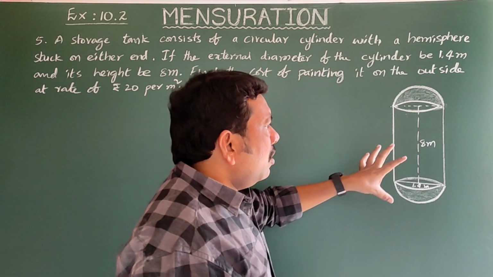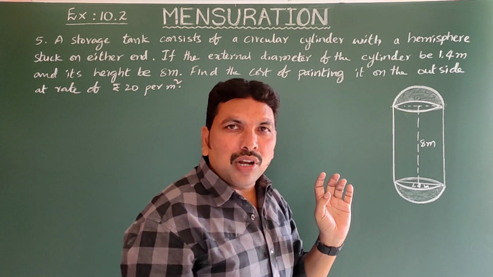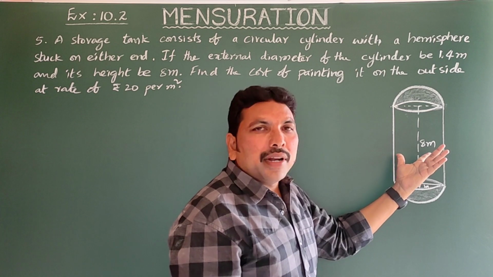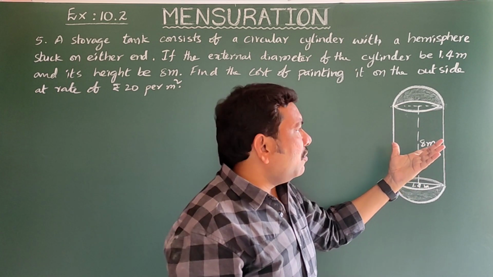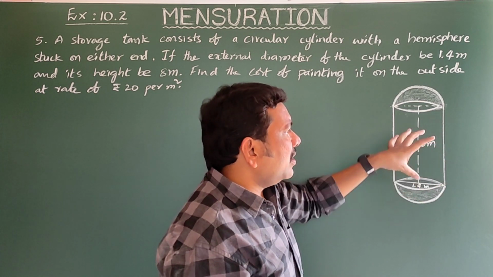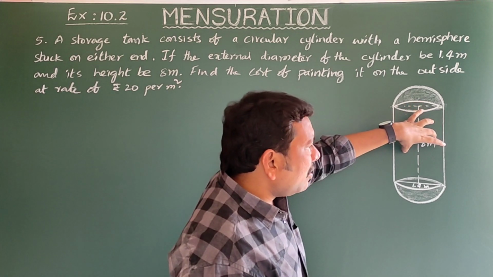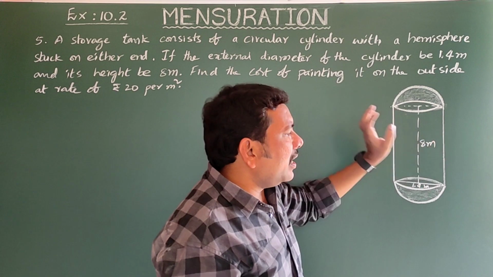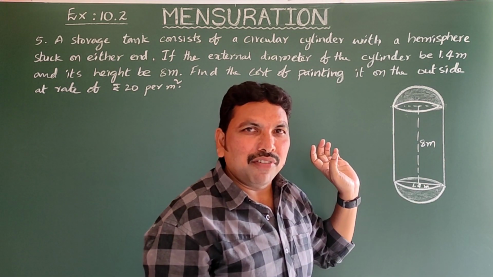First, we have to find the total surface area of this storage tank. For finding the total surface area, first we have to find the CSA of the cylinder. After that, 2 into the CSA of the hemispheres we have to find, right?